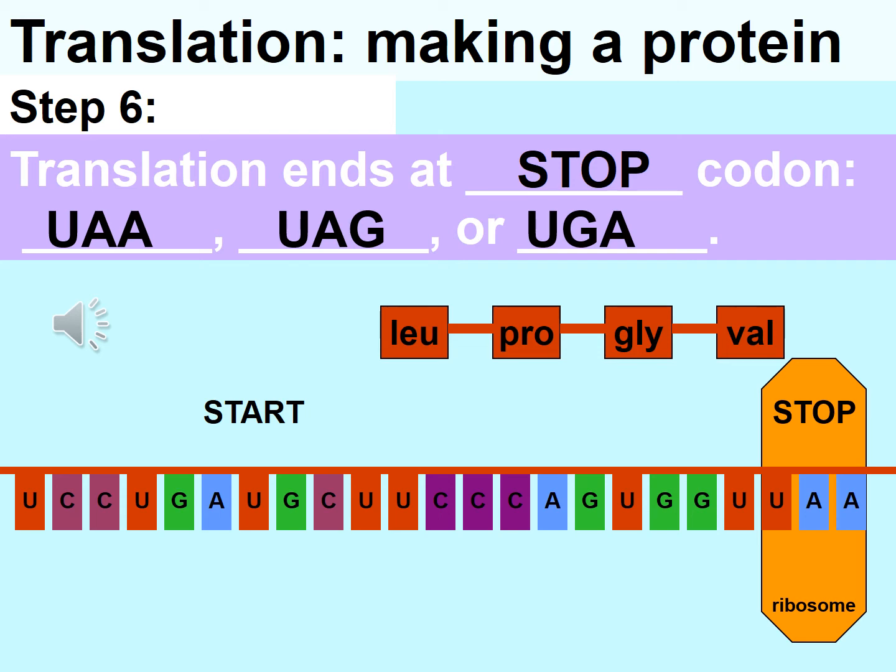What these do is tell the ribosome that that's the end of the sequence of amino acids. There are no more amino acids here. So what it will do is basically disengage from the mRNA. It comes off the mRNA and releases the amino acid chain.